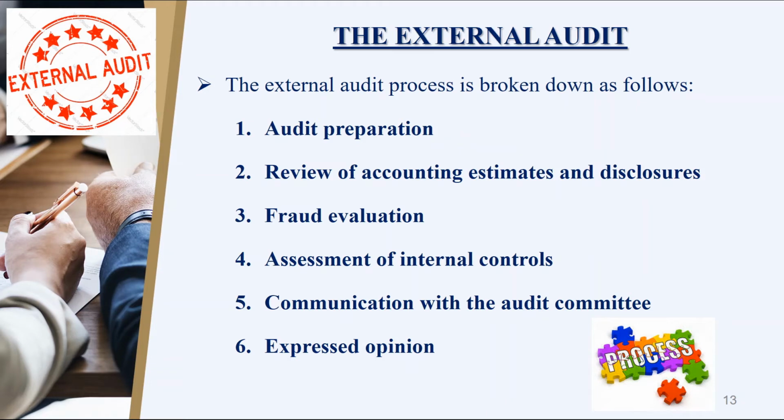Alternatively, the external auditor issues a qualified opinion and explains the reason for concern. All this activity being done by the external auditor is in accordance with the generally accepted accounting principles, rules, and standards for financial reporting.